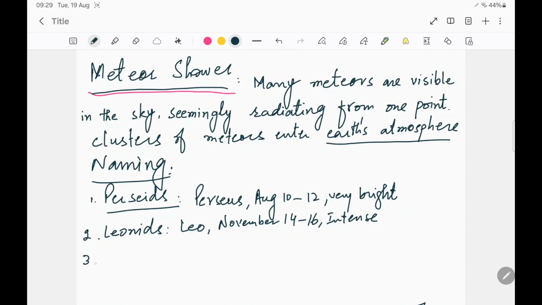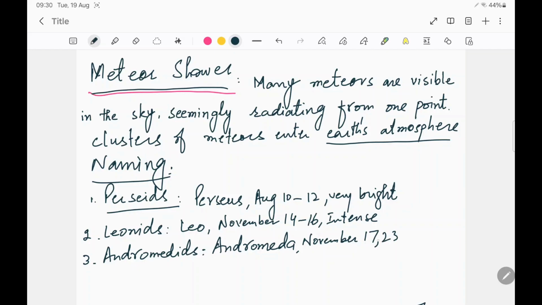And the third famous meteor shower is named after Andromeda, and that is why they are termed as Andromedids. As I've already said, they come from the constellation Andromeda, and their appearance time is normally from November 17 to 23.